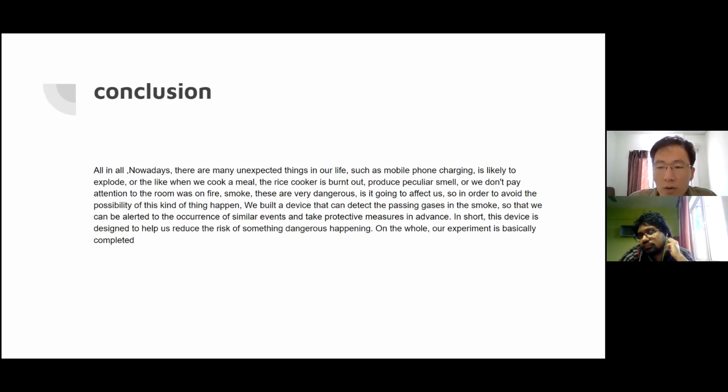So in order to avoid the possibility of these things happening, we built a device that can detect gas in the smoke so that we can prevent the occurrence of similar events and take protective measures in advance. In short, this device is designed to help us reduce the risk of something dangerous happening.